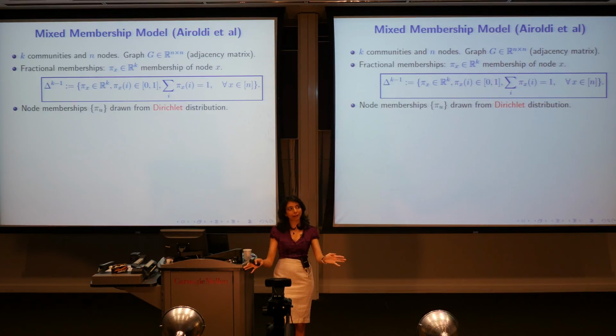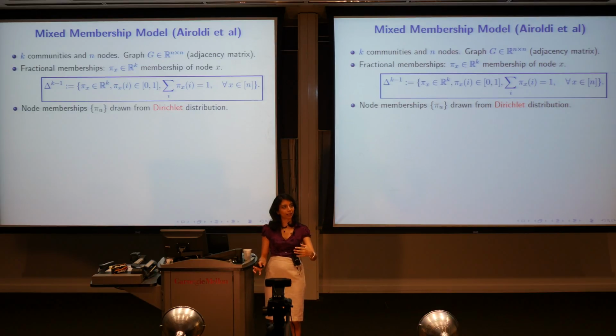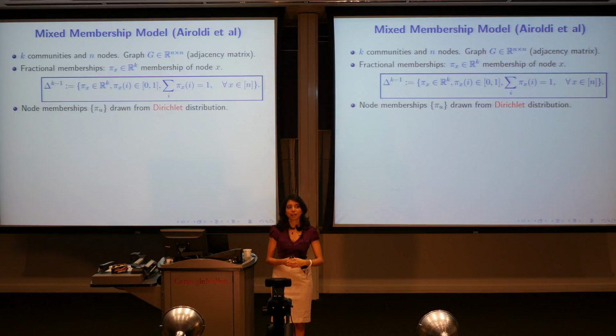But you can also see where the difference is. So in the topic modeling, in a particular document, I only had one draw of my Dirichlet distribution. So this was the proportions of those topics for the entire document. But here, I have this graph, and for every node, I have a Dirichlet distribution draw.